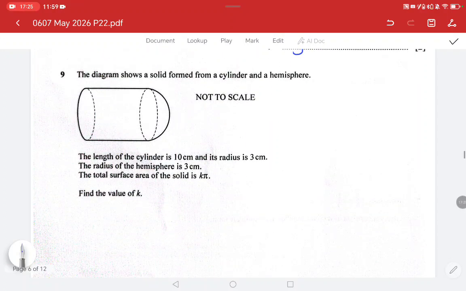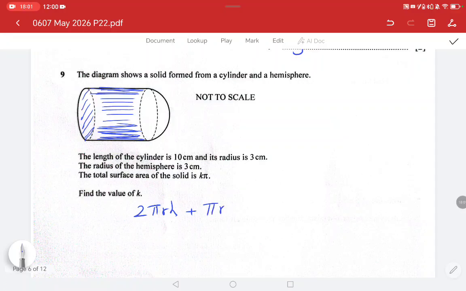Surface area. As I said before in my revision, please take care that the formulas you have are about the curved area only. The curved surface area of a cylinder is 2 pi r times the height, plus, don't forget that we have the circle, pi r squared, plus the sphere.